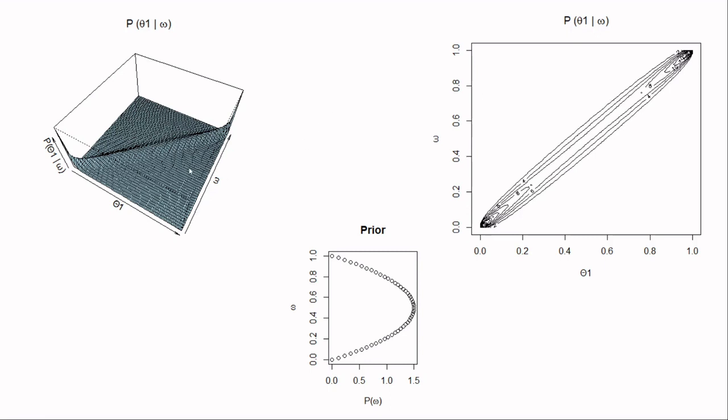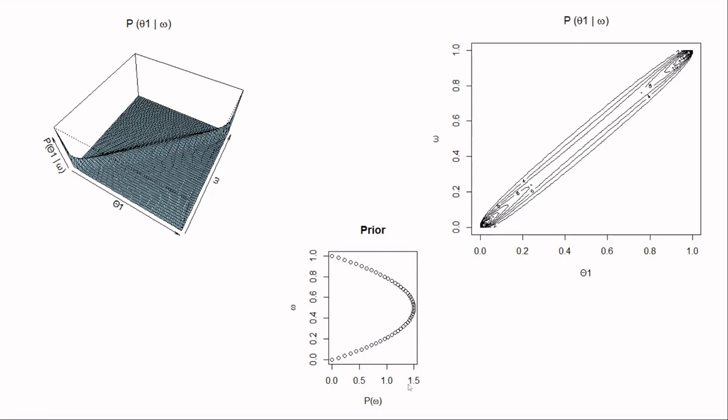Now, of course, we want to start off and use a prior for our value of omega. That's similar to before. We can choose whatever represents our belief, and as before, I've chosen a case where we believe that in the population this drug is probably effective on about half of the people, and we don't put a very strong belief in this prior, so it's a relatively broad prior.